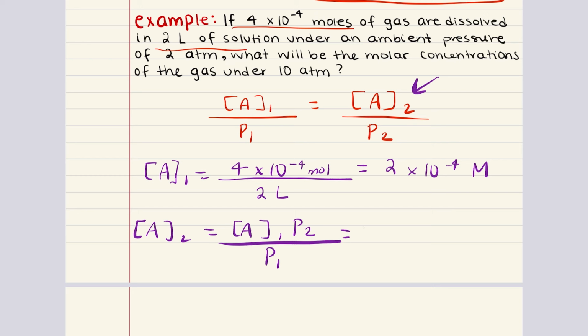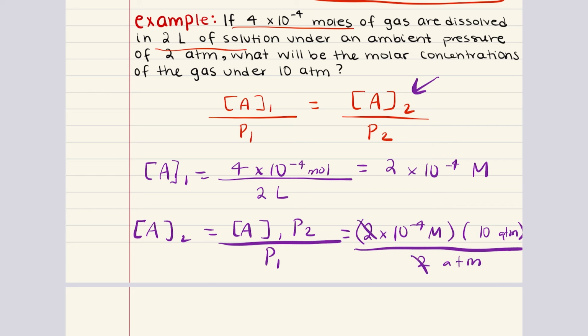This is going to be equal to 2 times 10 to the minus 4 molar multiplied by 10 atmosphere divided by 2 atmosphere. Now we can cancel out the 2's that appear in both the numerator and denominator, and we essentially just have 10 to the minus 4 multiplied by 10.